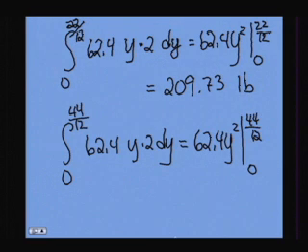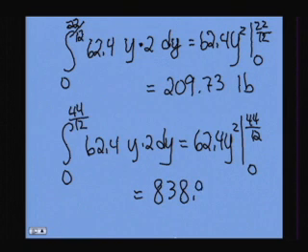And as you would expect, this time our answer is larger. We have 838.93 pounds. And that's the answer we would get when we flip the tank so that it is standing on one of its ends.